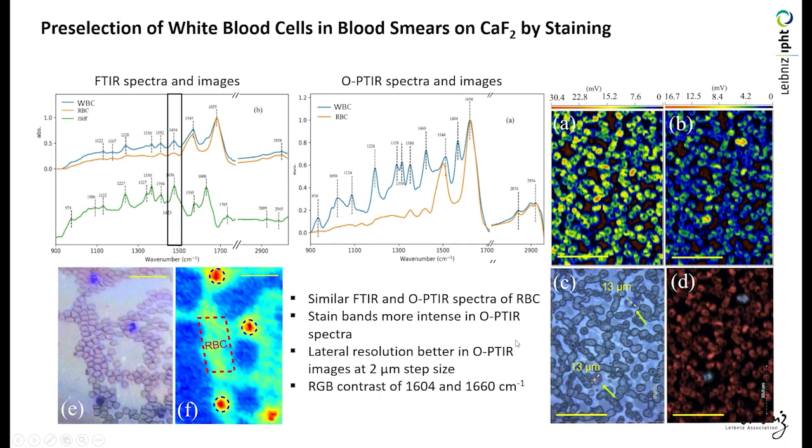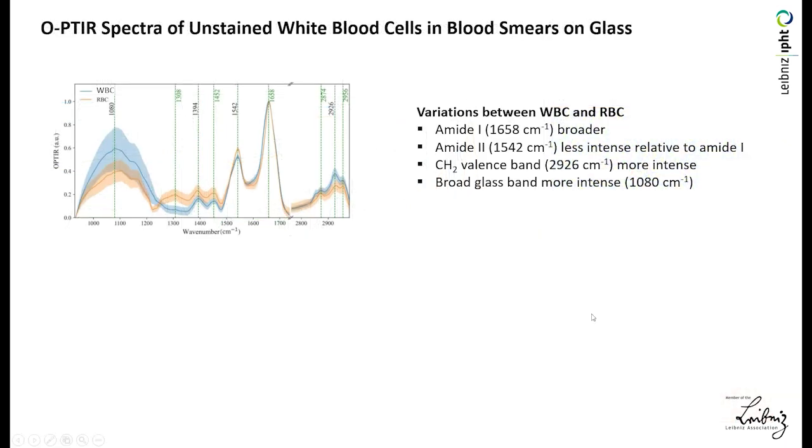However, for cell screening, the spectral overlap with the staining molecules is problematic, and therefore it's easier to use unstained cells, unstained blood smears. Also the use of glass slides, instead of calcium fluoride, makes this approach less expensive.